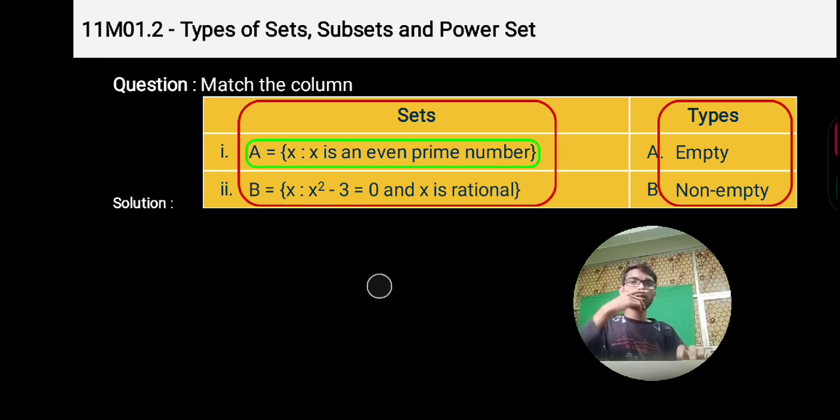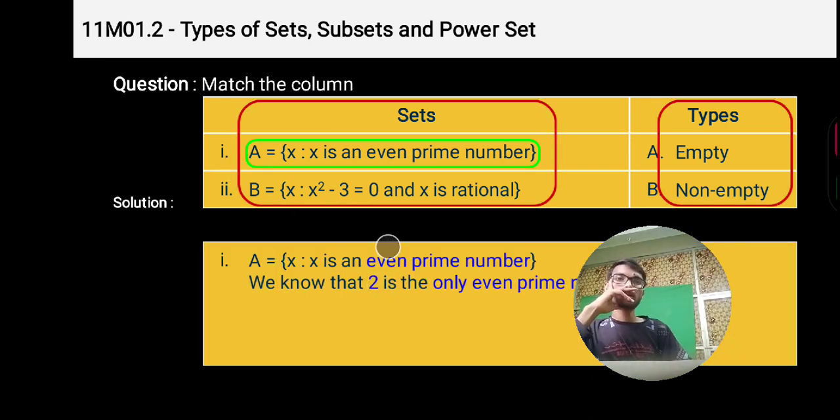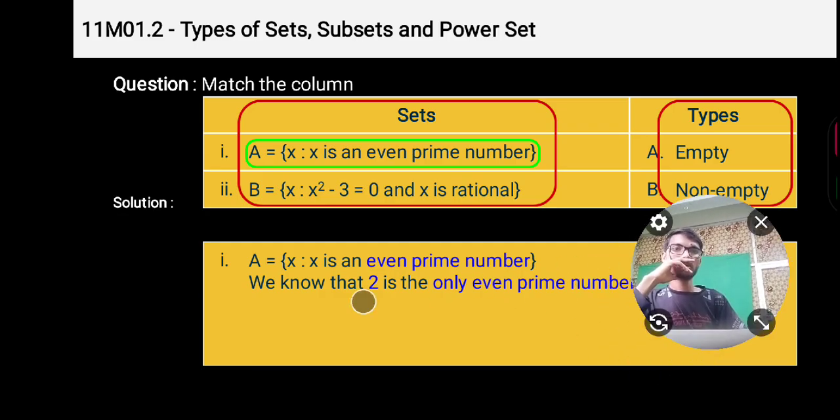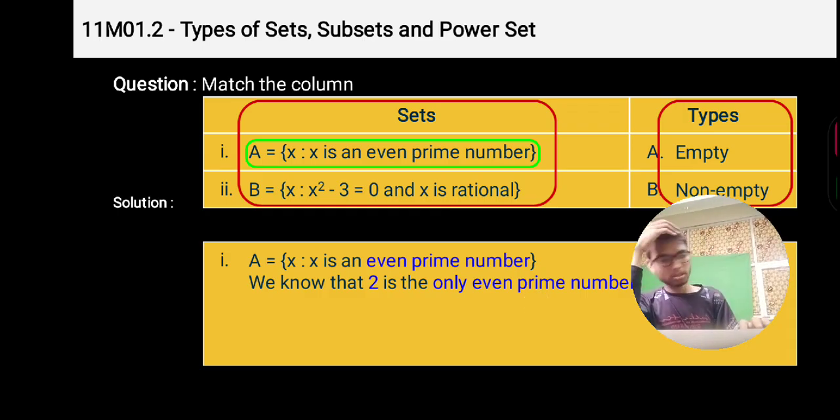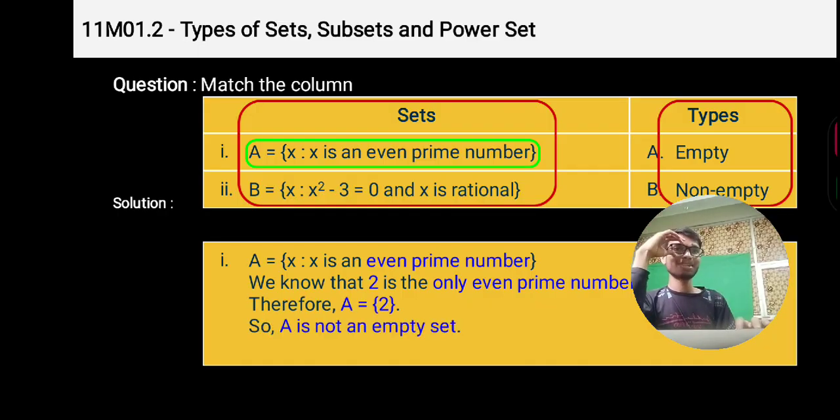Let's see. Even prime number: here we have only 2. We know that 2 is the only even prime number, so it is non-empty.